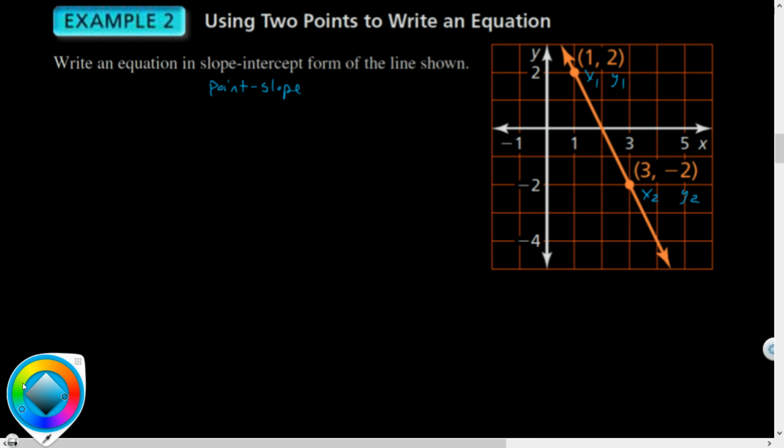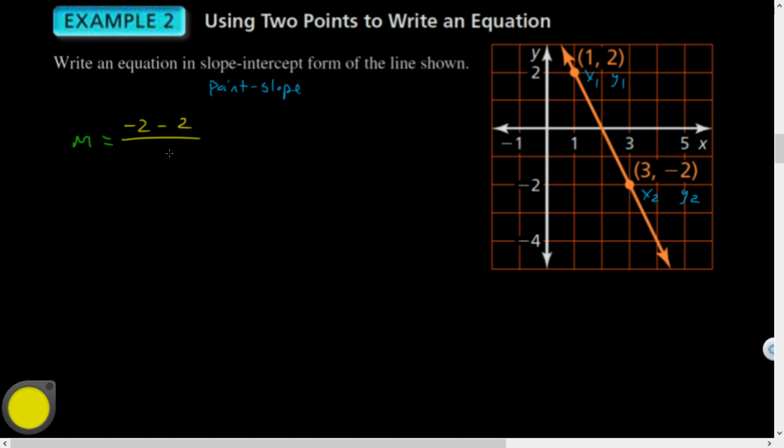And so to find the slope of my line, M equals, let's do Y2 is -2, minus Y1, over X2 is 3 minus X1 is 1. That's going to be negative 4 over 3 minus 2 is 2. What's my M? Simplify it.